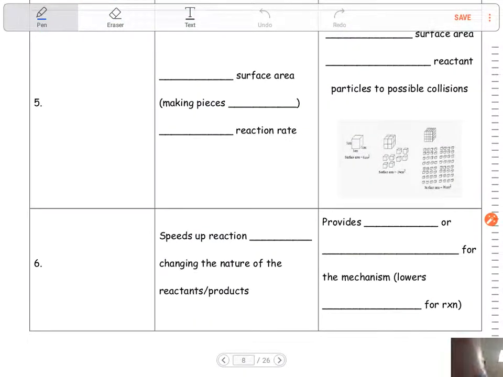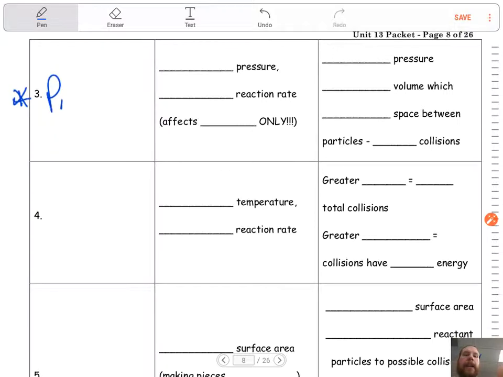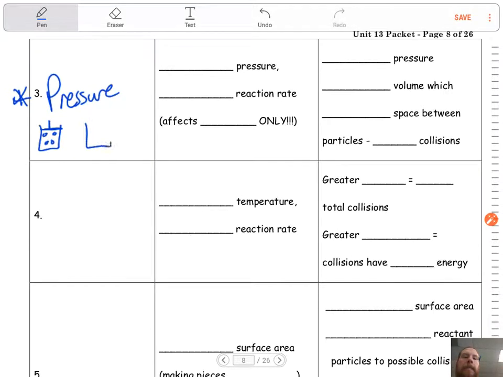All right, factor number 3, pressure. We're going to put a star next to this one, and you'll see why in a second. All right, so pressure. Think about it again. If I have a piston that looks something like this, so I have particles out here, and then I compress that, so I change the volume, which means the pressure goes up. Well, look how much tighter those particles are going to be.